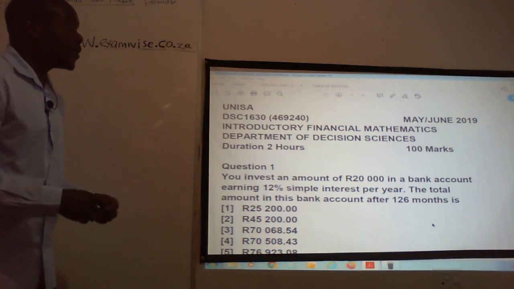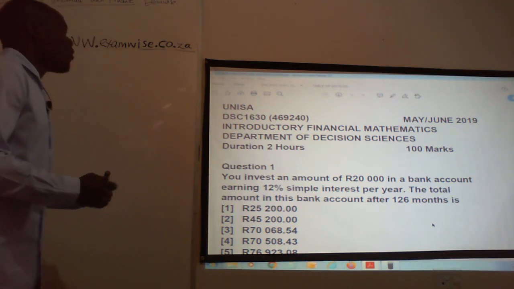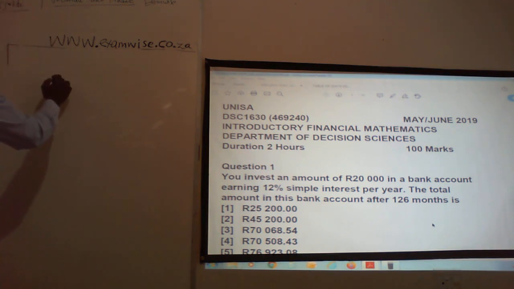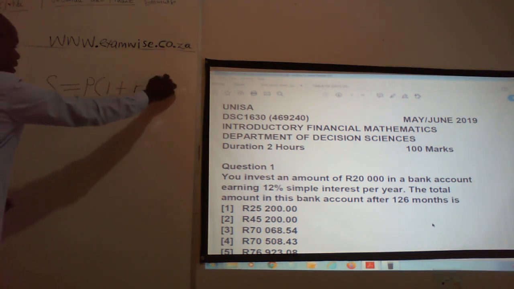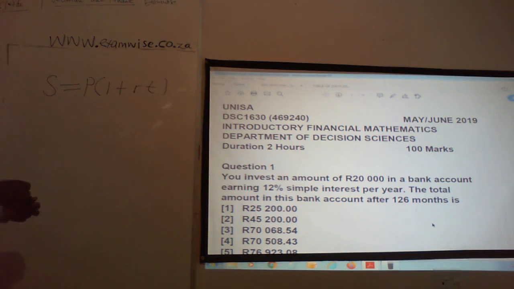Under simple interest, to determine our future value, we use this formula: S is equal to P in brackets 1 plus RT. In the exam, this formula will be given as well.